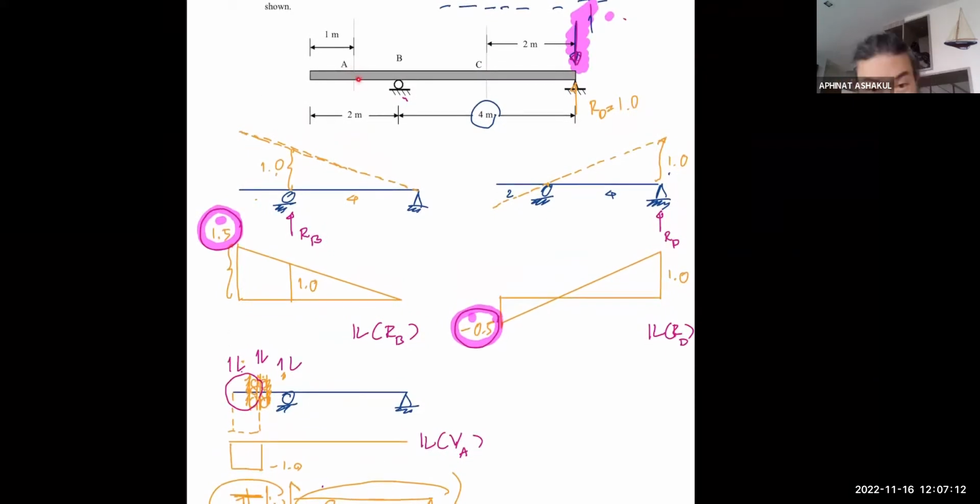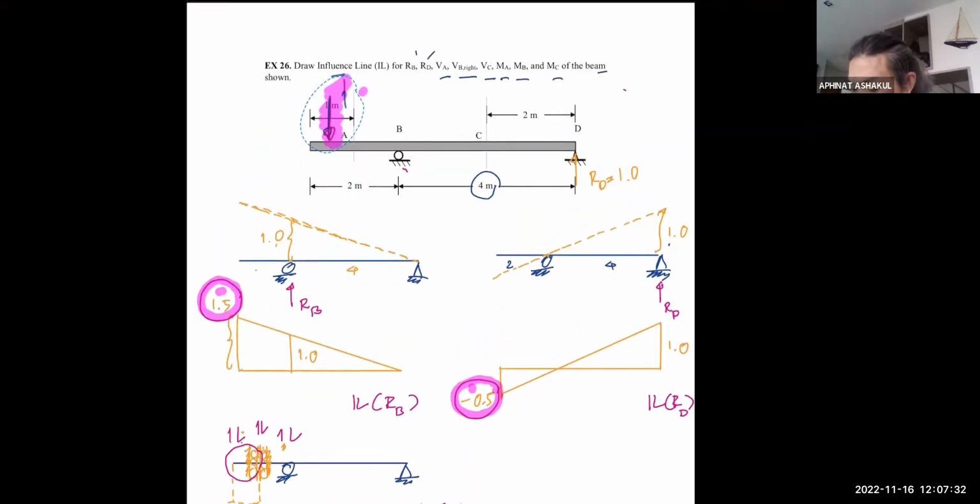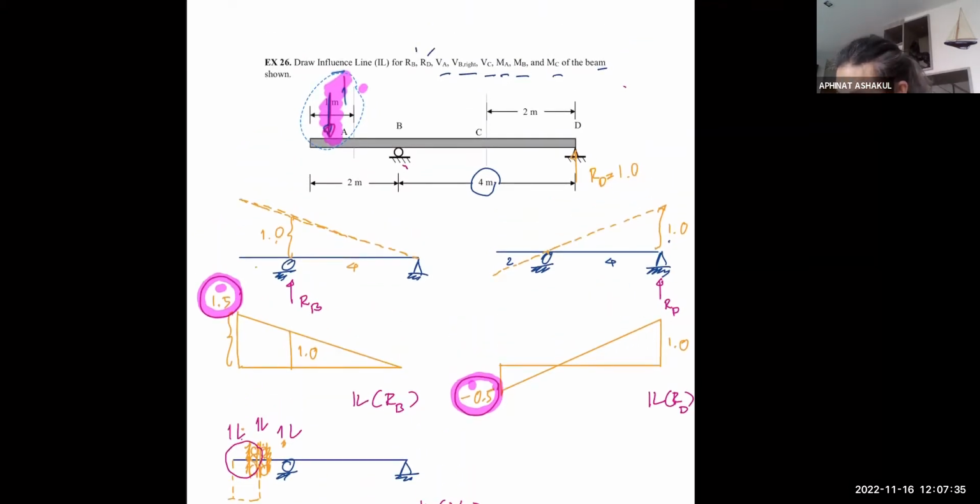If you focus on the shear at this location, the only way that you can have the shear acting at A is by having the unit load here on the left side of A. Because when the unit load is on the left side of A, it can tear this portion off from the beam.